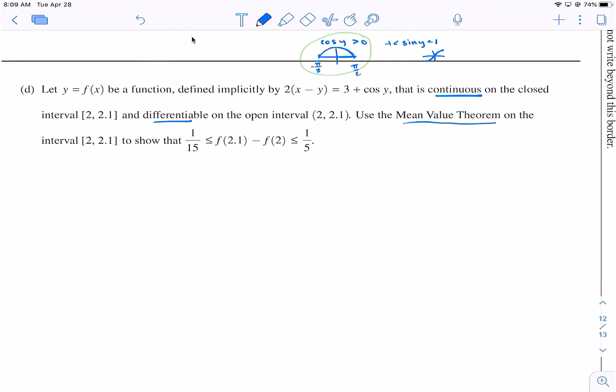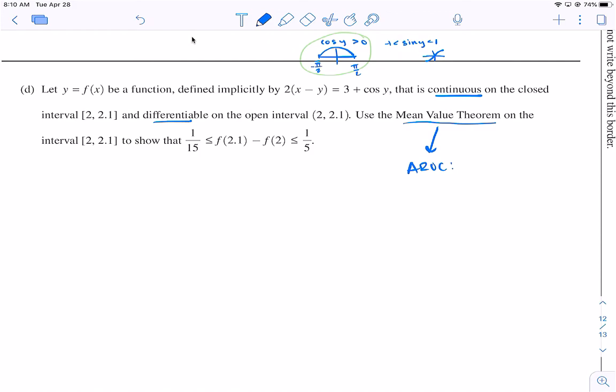It's using mean value theorem, but it's putting it on an interval as opposed to saying that the average rate of change equals the instantaneous rate of change. So I know with mean value theorem I have to find average rate of change, so I'm going to start with that. Average rate of change is just f of b minus f of a over b minus a.